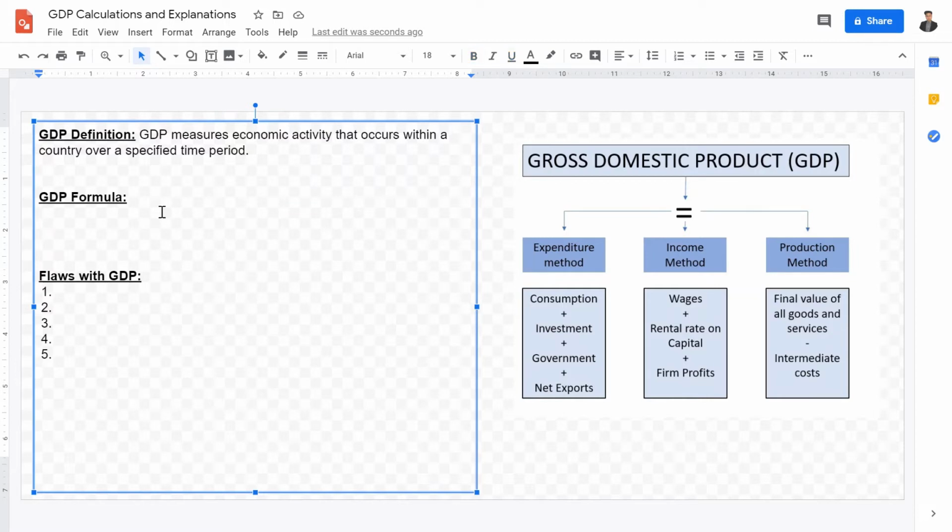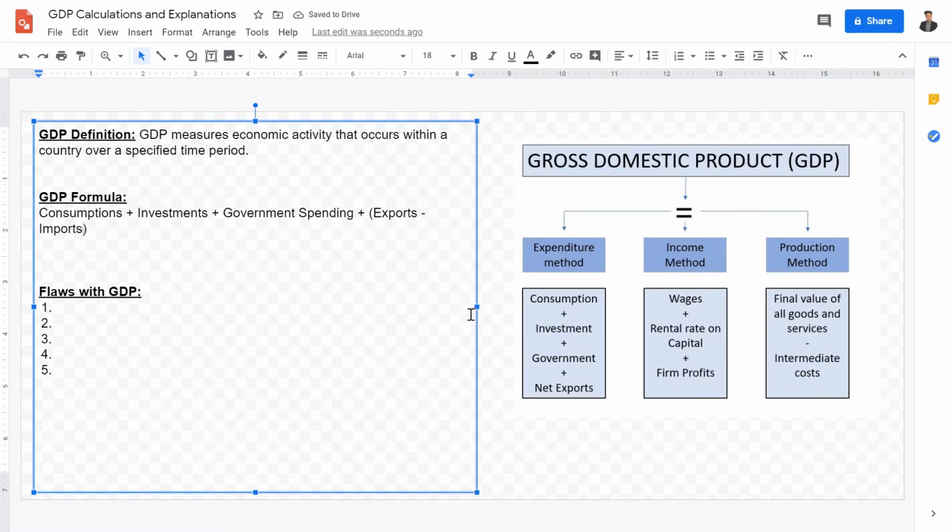So the expenditure model is consumption. This is domestic consumption, households, plus investments, plus government spending, plus, this is a little bit tricky, exports minus imports. Why do we need to minus imports?